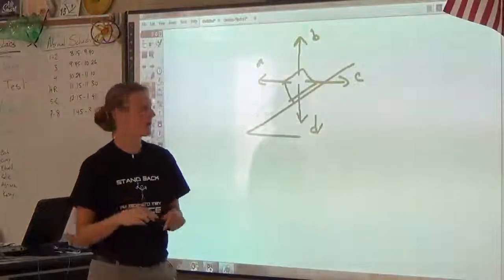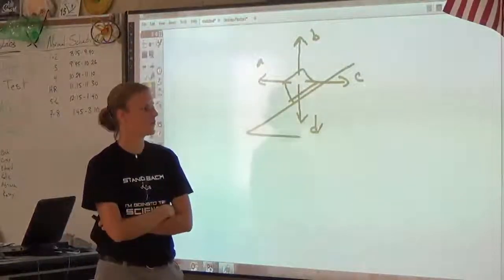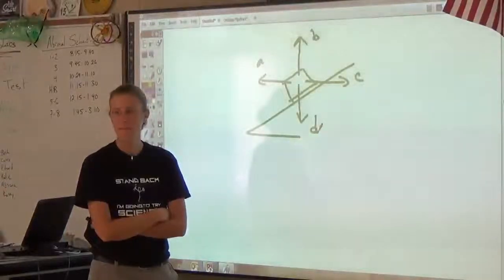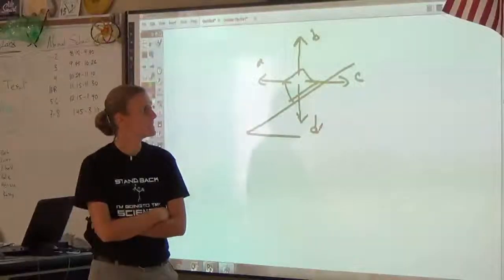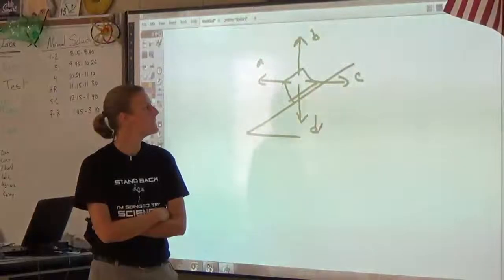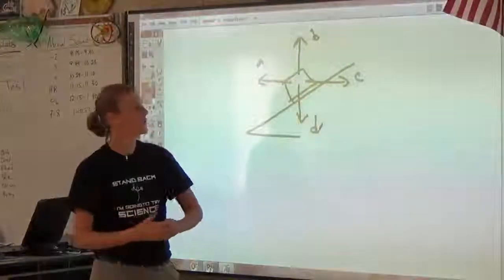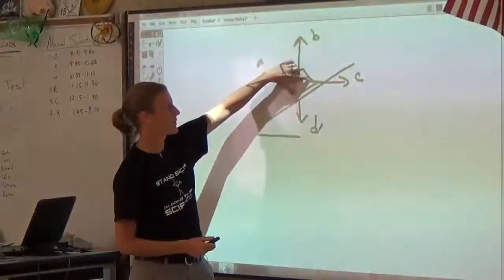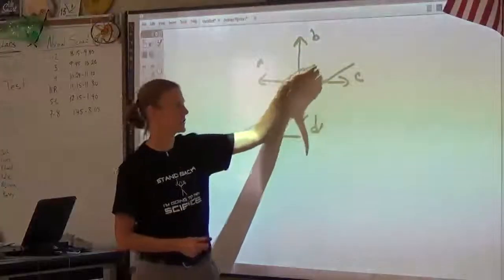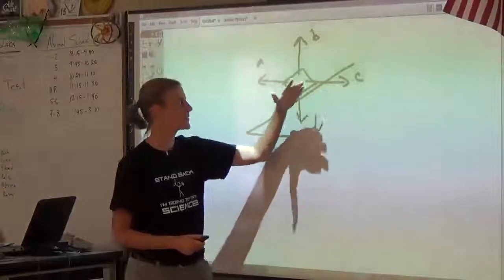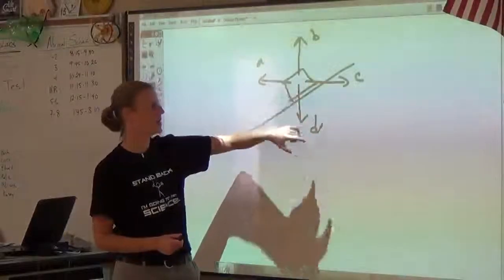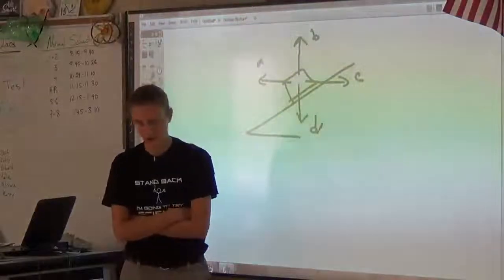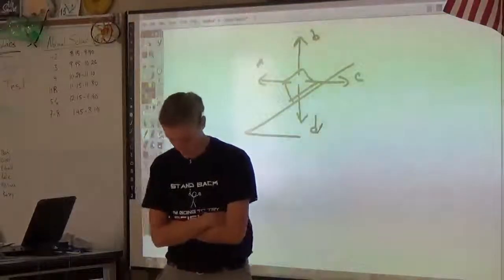Which 2 forces, Tyler, would cause the normal force to be a greater force? Well, C and D. So the normal force is coming out from our surface. So if I'm providing force C or D, pushing sort of into the surface, I'd have to have a bigger normal force. But which one would be bigger based on the picture, C or D? Which one would cause a bigger normal force?